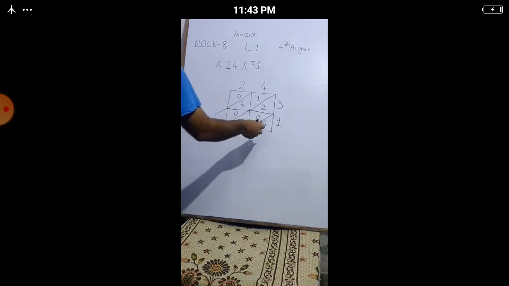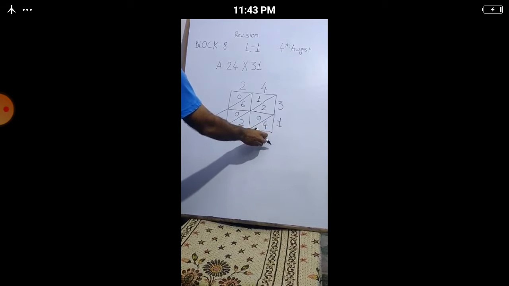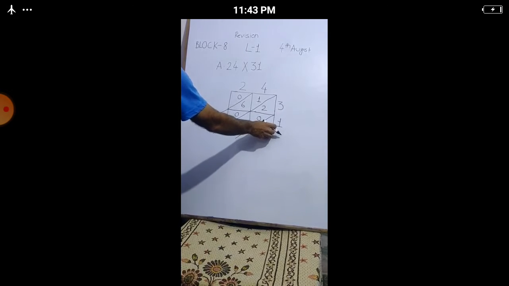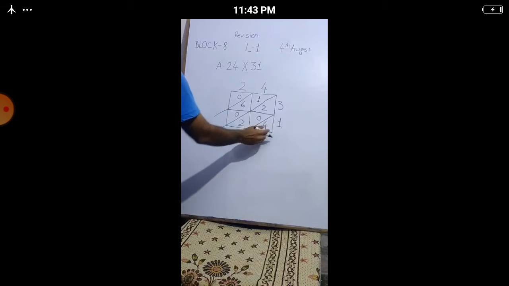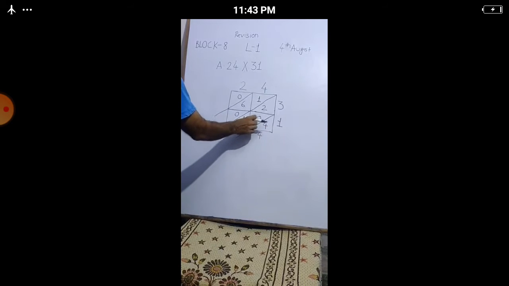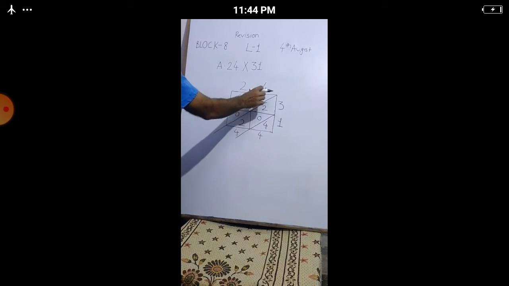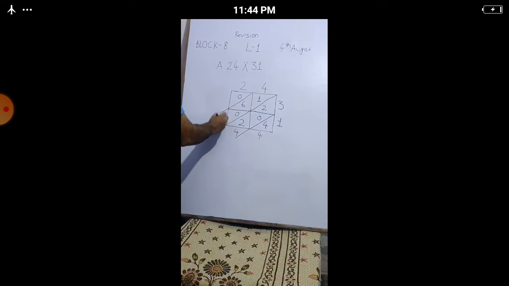So here children, I am going to add. First we start with 4. So this is first: 4, 2, 0, 2. We are going to add. So here will be 4. 0 plus 6 plus 1, so here will be 7. Here will be 0.